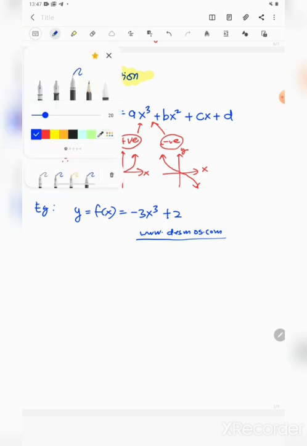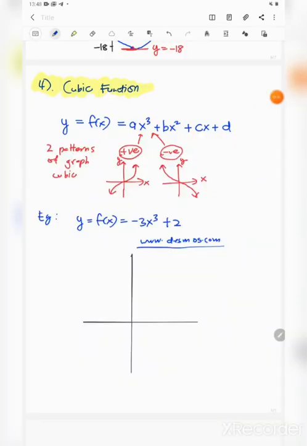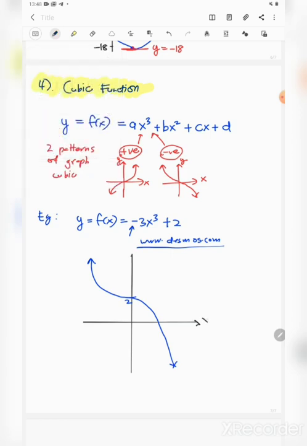So now I try this website, and the pattern of my graph is like this, since we have a negative sign. The graph is like this, since we have 2 here. This is x, this is y.